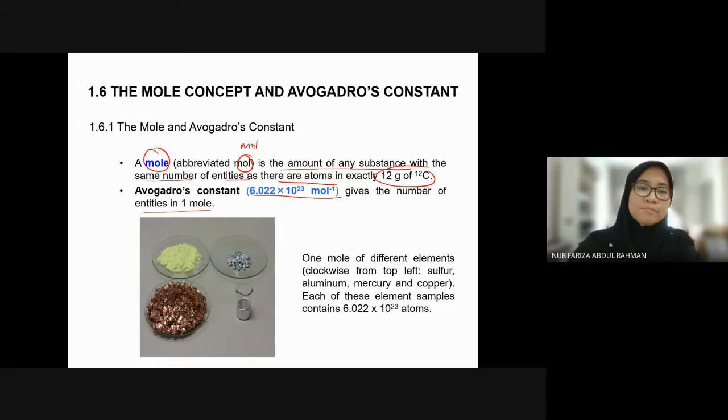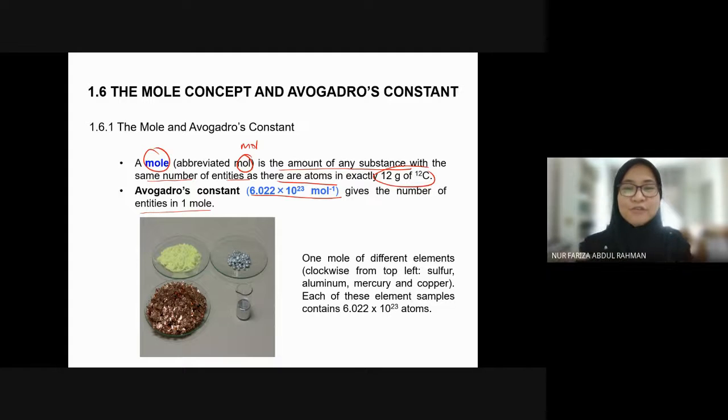If I were to simplify what a mole is, it is what we call in Malay a penjodoh bilangan, a counting unit, for atoms or molecules or formula units. Atoms have their own world, so they need their own suitable counting unit.